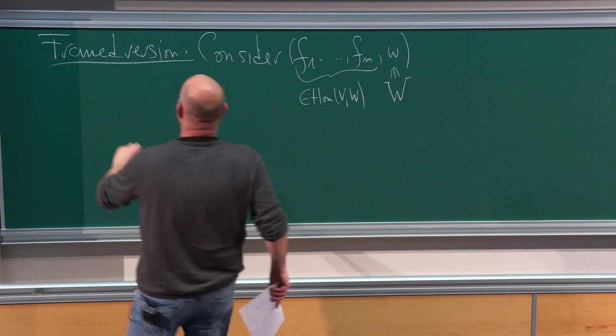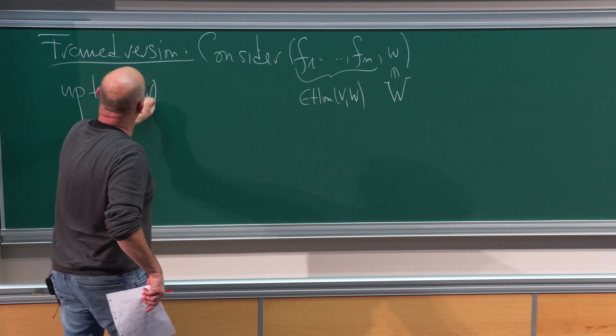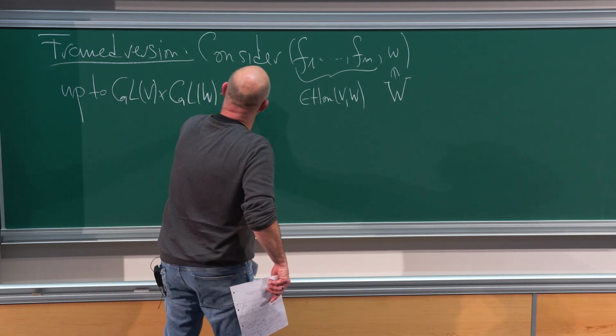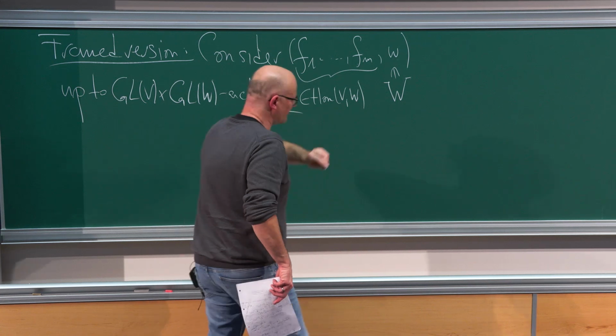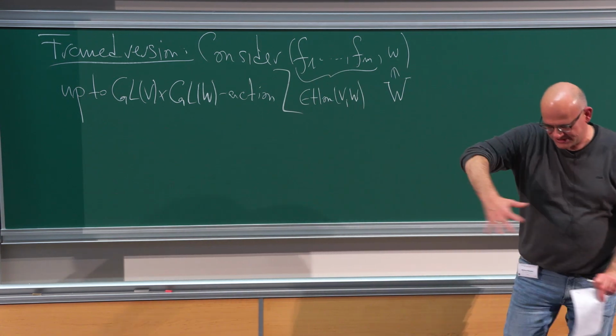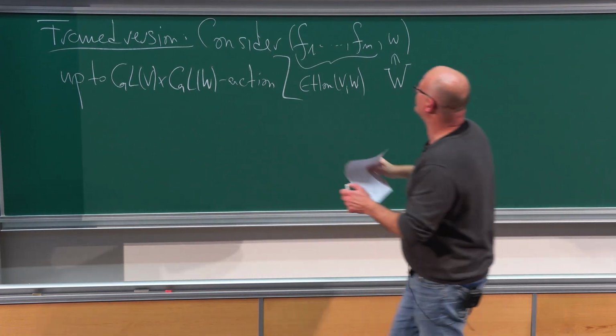And again, up to the GL_V times GL_W action. Well, there's an obvious GL_W action. You just move this vector w around. And now I consider a modification of the stability condition.